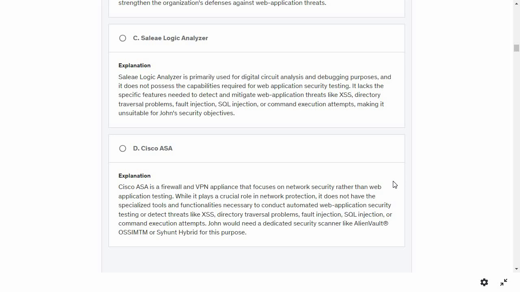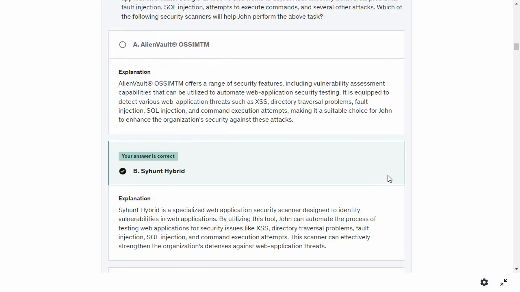John would need a dedicated security scanner like AlienVault OSSIM or Sci-Hunt Hybrid for this purpose. So it's only these two, the first and the second one, which are correct, but for the better option, we can choose Sci-Hunt Hybrid for this scenario.